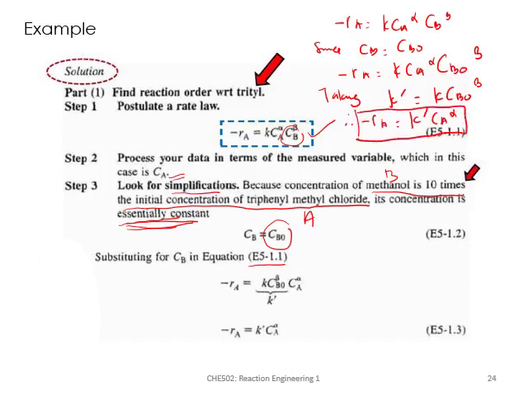Now it looks like it is one reactant only. This is what I mentioned earlier: differential methods can also be done for more than one reactant, but we need an additional step.